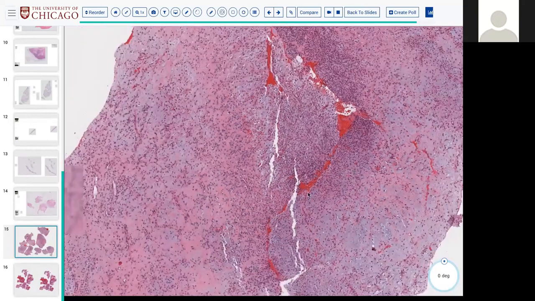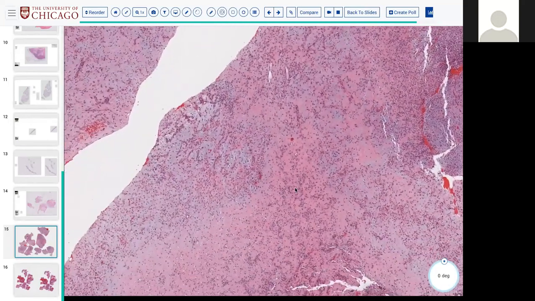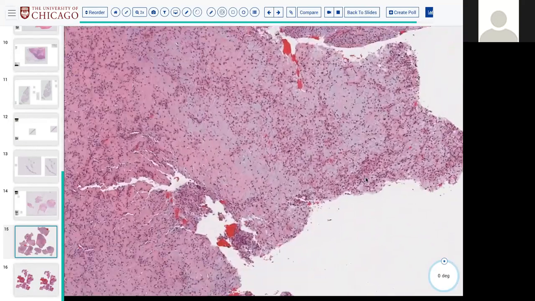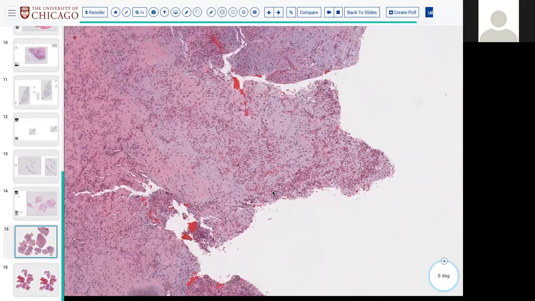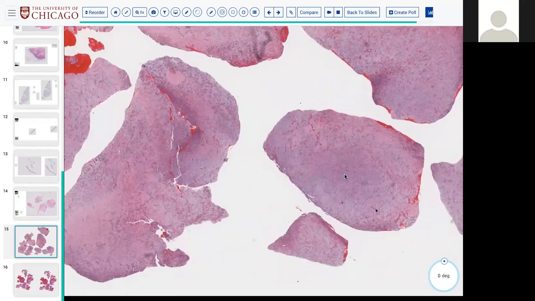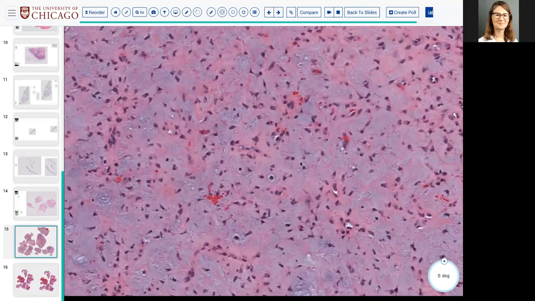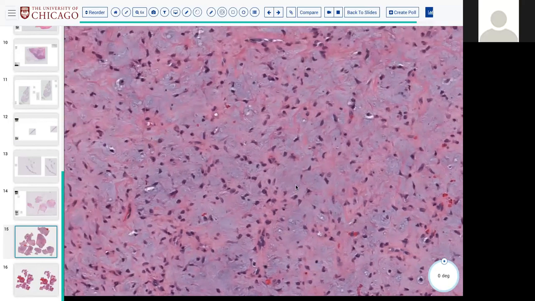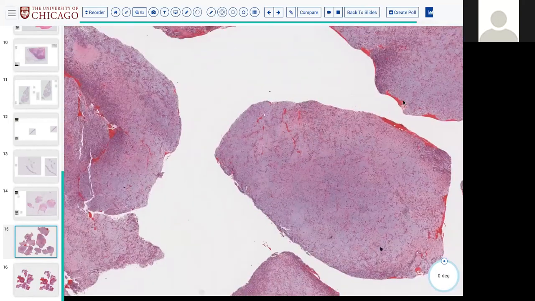And then we have areas where it is more hypercellular and the cells are more round, and then these areas where the cells are a little smaller and more myxoid. For some reason it reminds me of a myxofibroma, but we just talked about these things, so it's not exactly what it is.